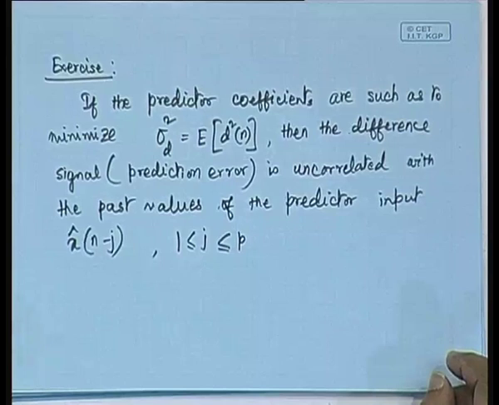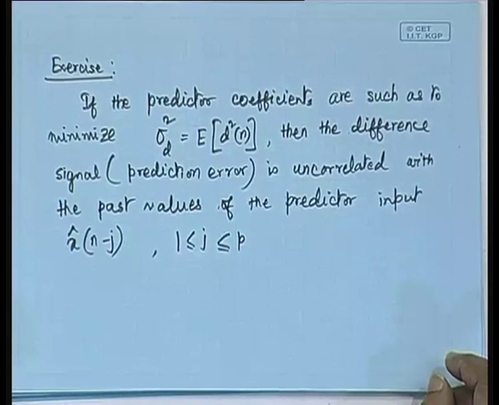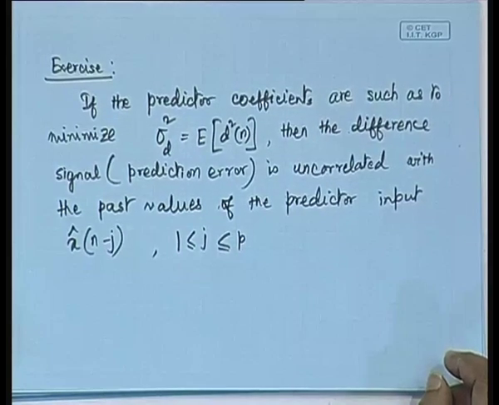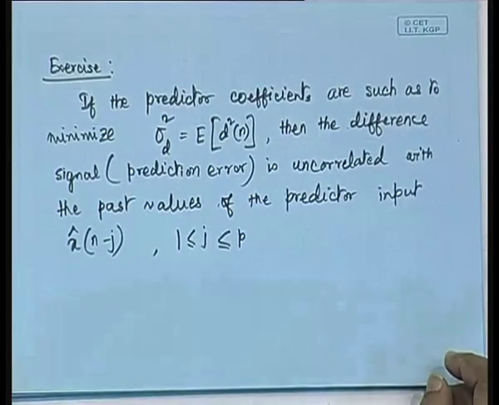Take the square of the differential signal, and then the expression you obtain for sigma squared d you have to differentiate with respect to the predictor coefficients, that is, with respect to alpha 1, alpha 2 up to alpha p, and then you will be able to prove this.